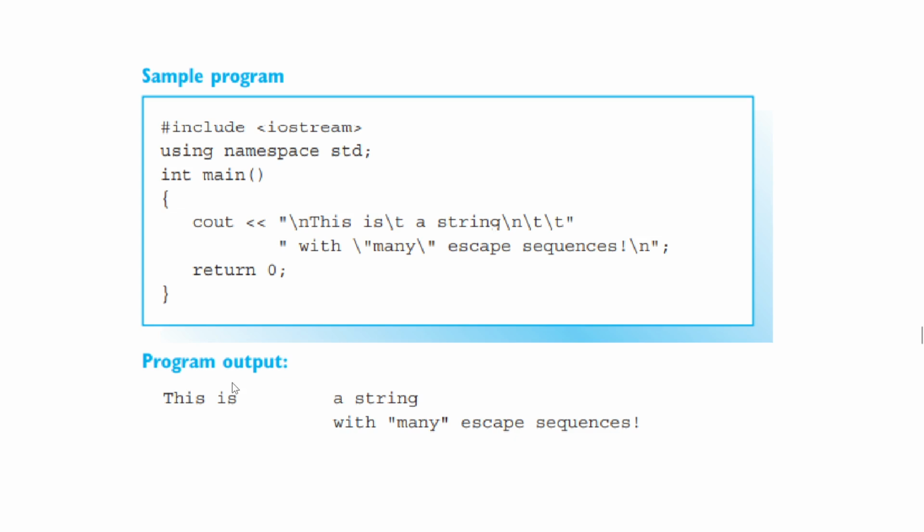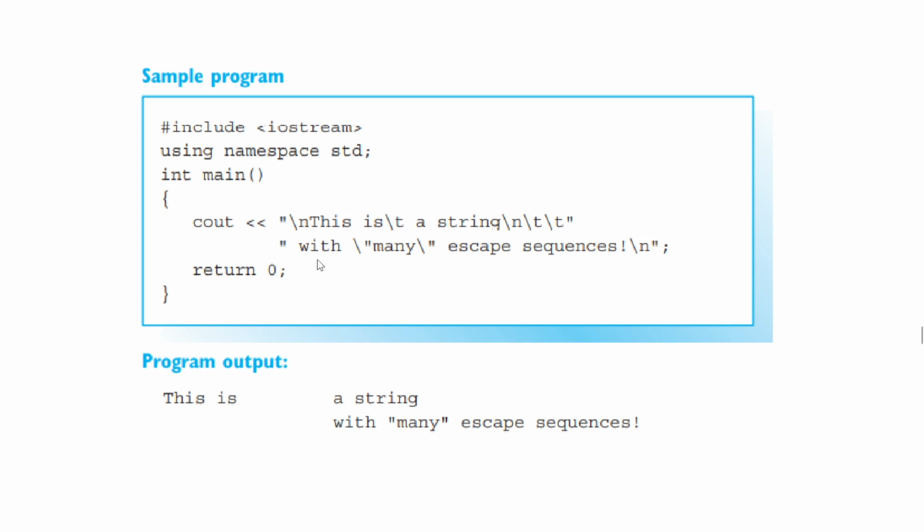So we start with a line break, then we have "This is", and then \t, and that stands in for a horizontal tab, which is what we have here. A string, \n, so the line break, and then \t, so we have 2 tabs, which gets us lined up really nicely here.